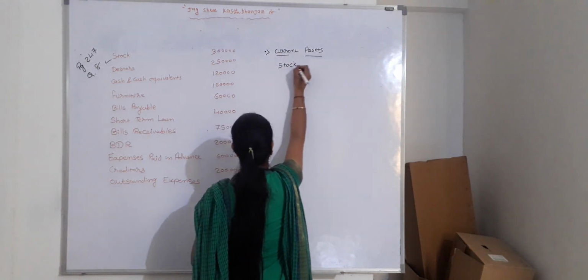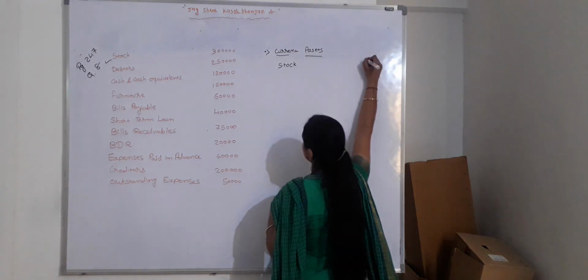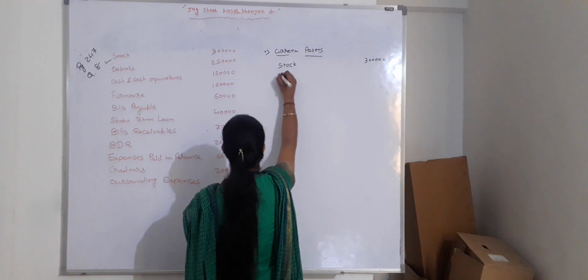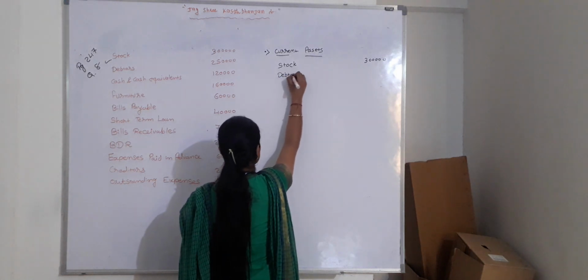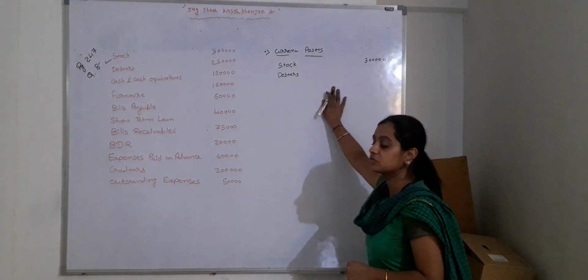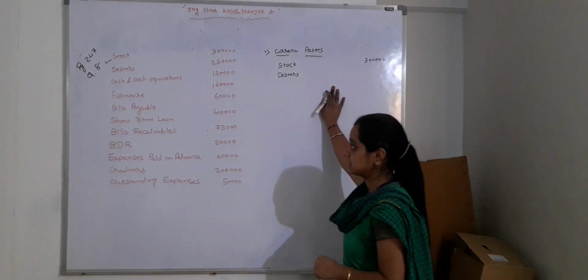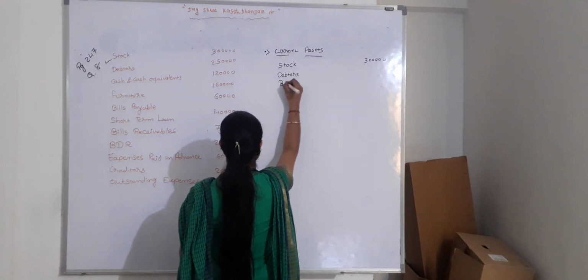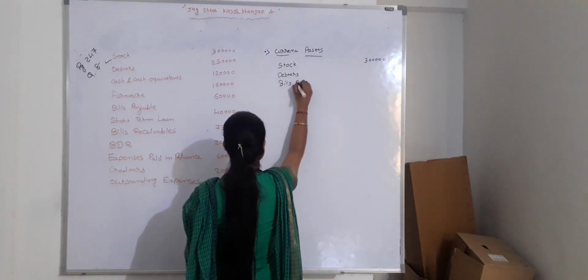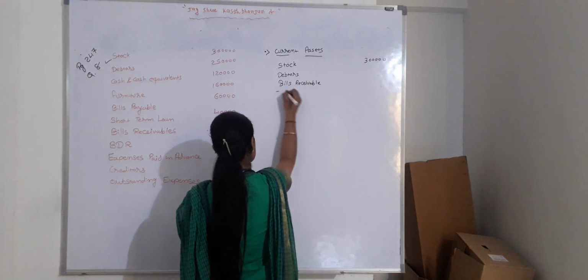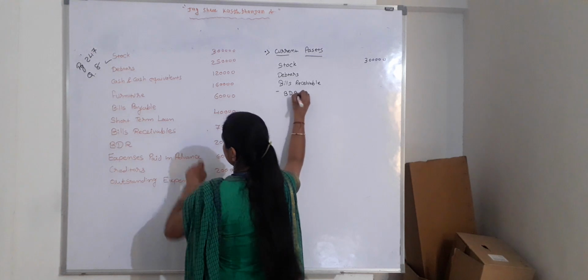So stock, that is 3 lakh. Then debtors. But before writing the amount of debtors, we have to check, is there BDR? Yes, and bills receivable. So debtors plus bills receivable minus BDR.